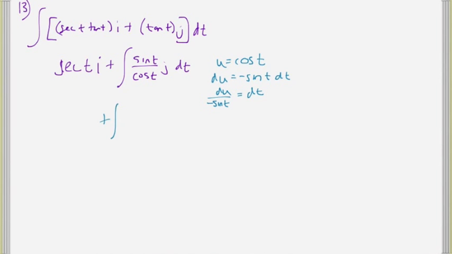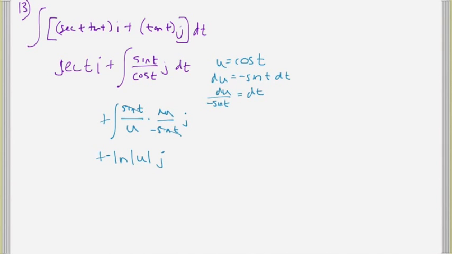So then this is going to turn into sine of t over u times du over negative sine of t. We still have the j there. The signs cancel, so I end up with just 1 over negative u, which is going to integrate as negative ln of the absolute value of u.